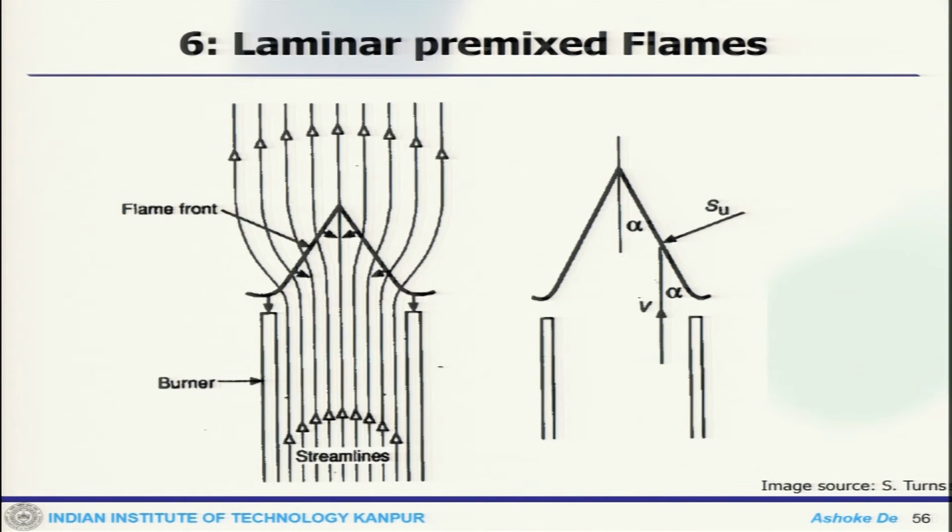Now, one can see this is a schematic of a lab scale burner, where the mixture comes through this and this is the flame front. So, the flow comes in, this is the burner and this is the flame front. If it is a theoretically nicely organized flame structure, it is supposed to be stabilized right there, but if it is lifted, the flame would be sitting here, or if there is a flashback, the flame would be sitting inside like this.